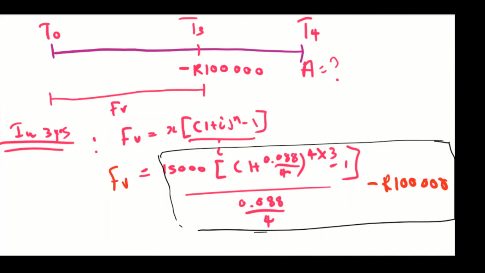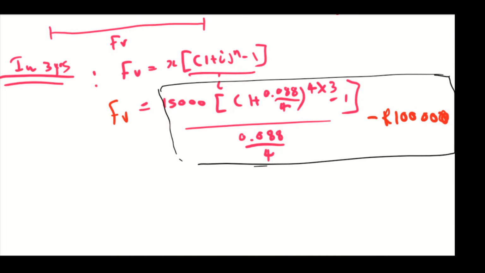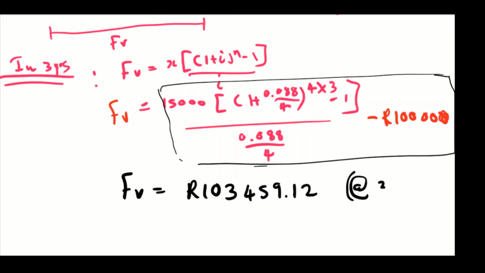So punch this and find the future value in those 3 years. So FV is going to be 103,459.12, right? So this is the future value at 3 years.